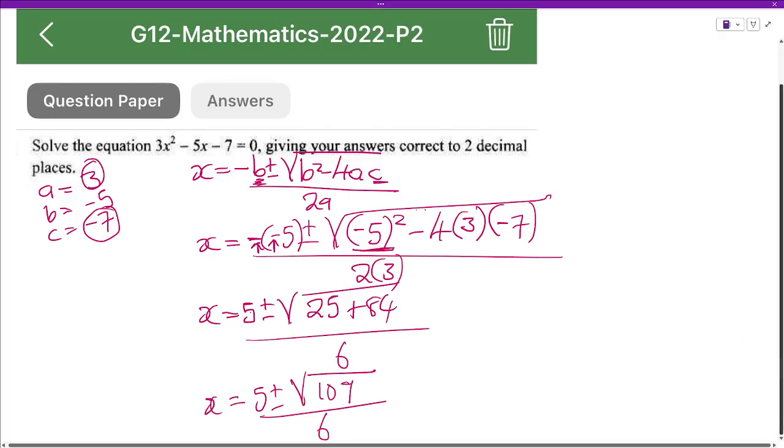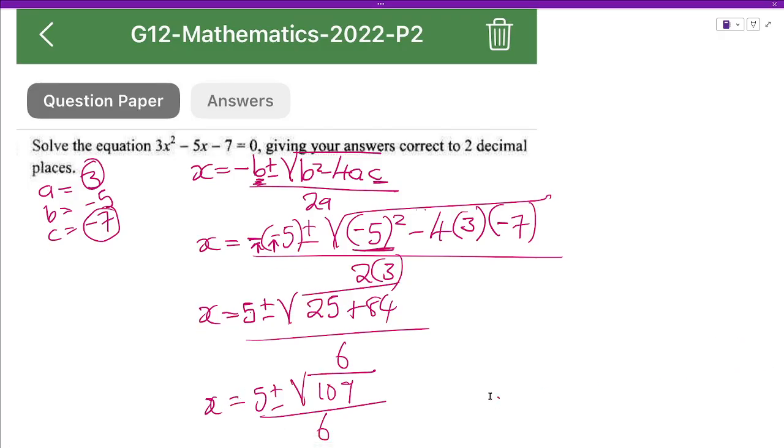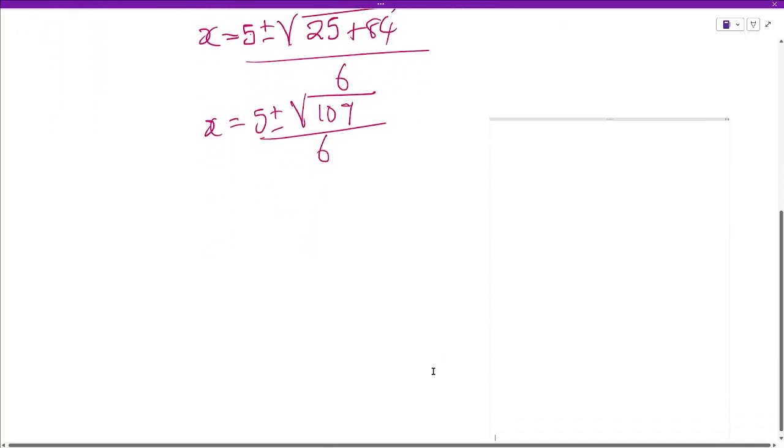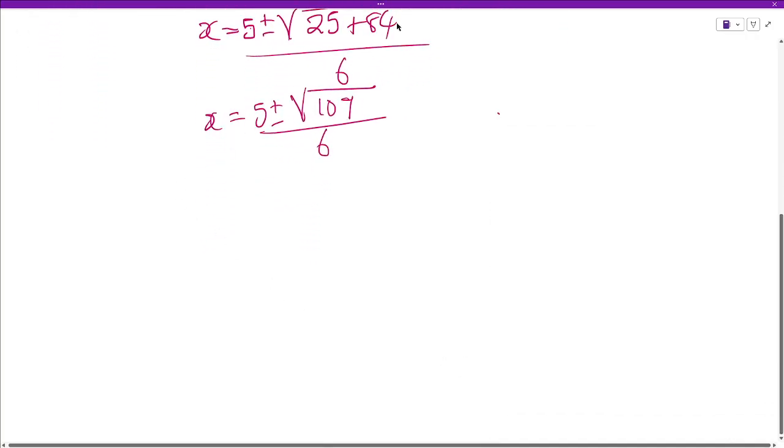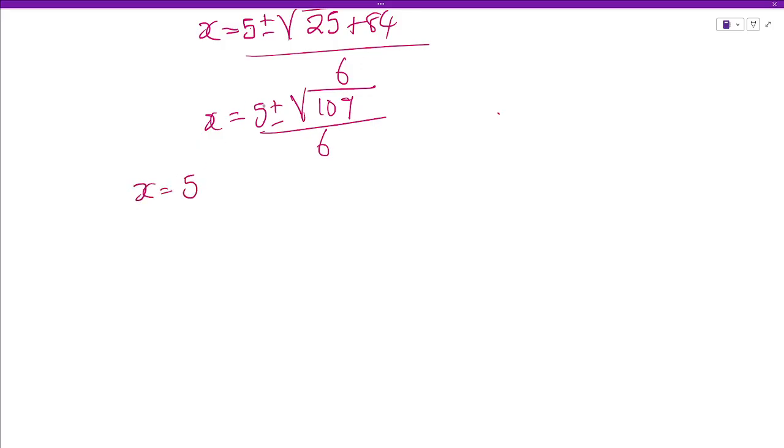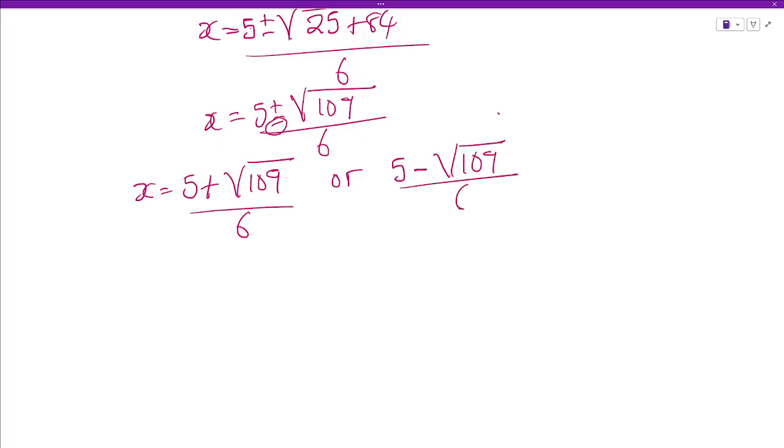If you remember, I mentioned when you get to this point you simply need to say x is equal to 5, you capture the positive at this point, plus the square root of 109 over 6, or the same formula and values, except this time around we're picking the negative. Minus the square root of 109, then everything over 6.